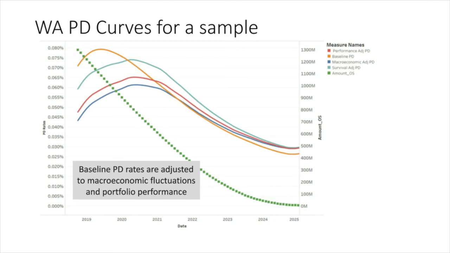You can see the decrease as the cash flow contractual obligations are met. And the four solid lines here represent the four components that feed into calculating the weighted average PD.